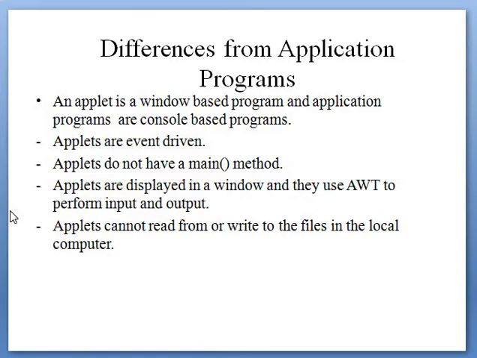AWT means abstract window toolkit. It has a number of different classes for event handling or window handling that we will discuss later. An applet cannot read from or write to the files on the local computer. For security reasons, for giving maximum security, local files are not accessible to applets.